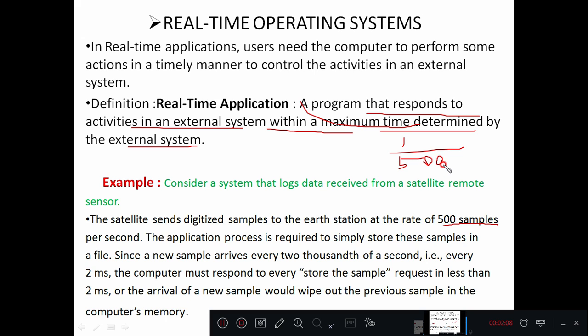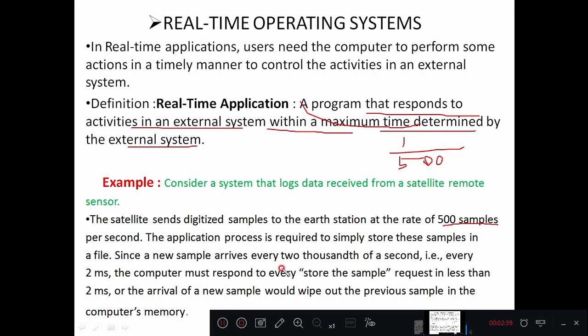If it takes more than 2 milliseconds, then the next incoming bit will wipe out the previous bit, and we may lose some information, right? So the ground station or the operating system located in the computer system has to perform this collection as well as the storing of the data within a maximum time limit. So that is a real-time operating system.